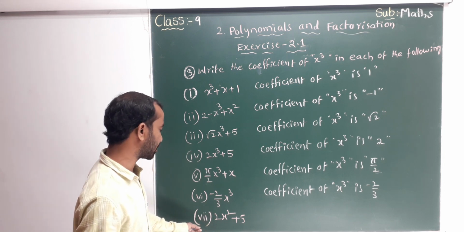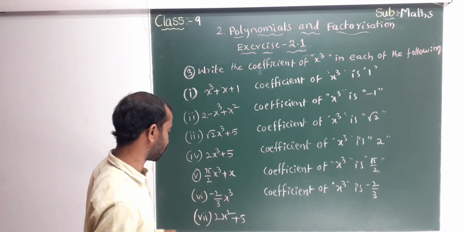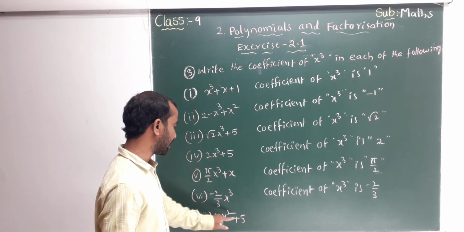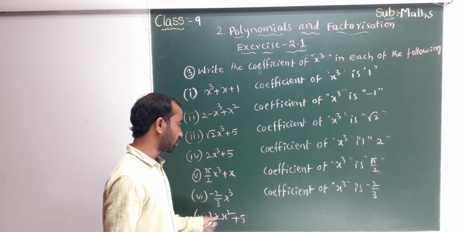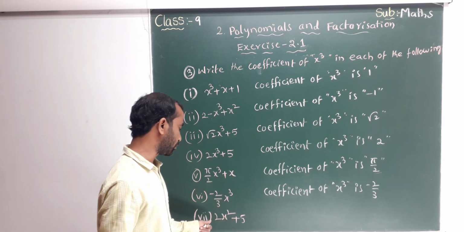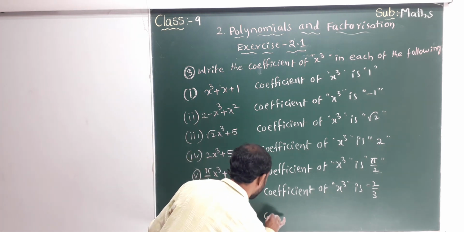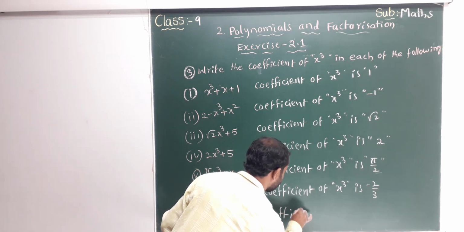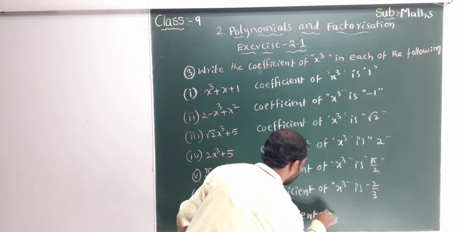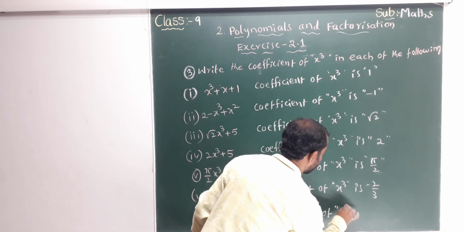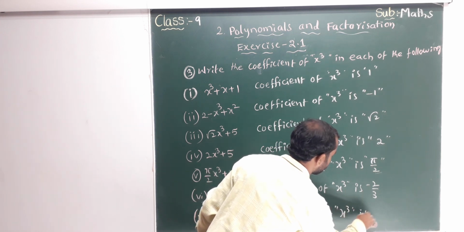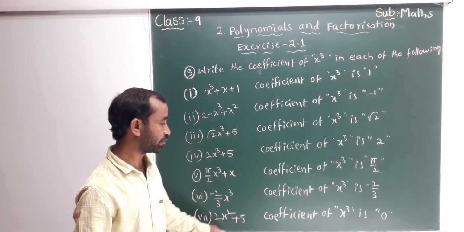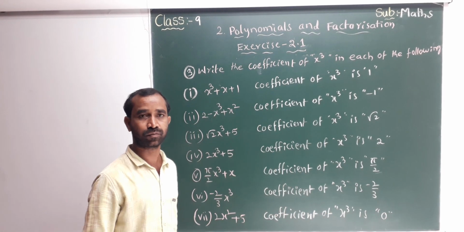So the coefficient of x cube is 0. The given expression does not have an x cube term, so the coefficient of x cube is 0.